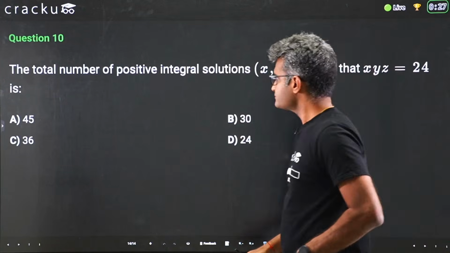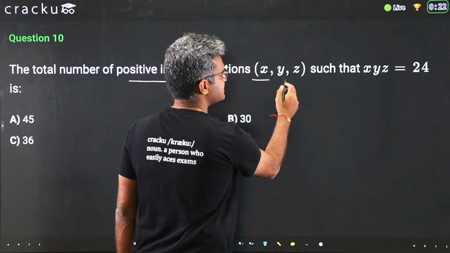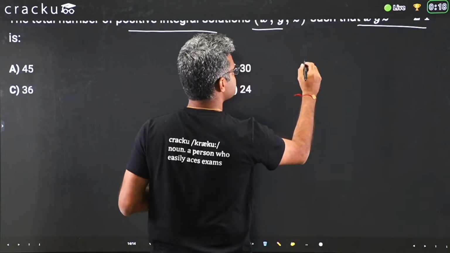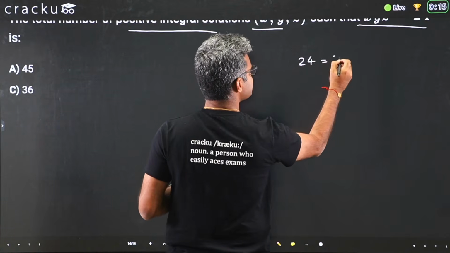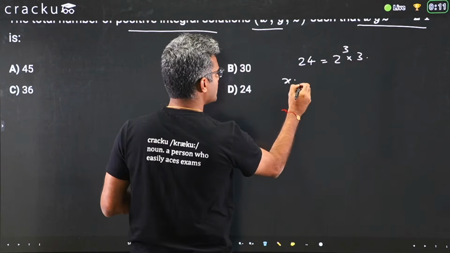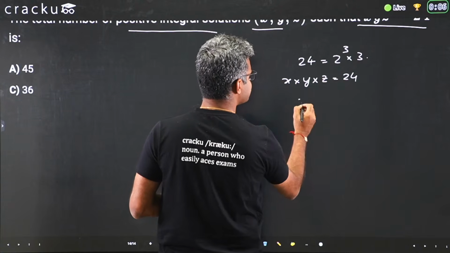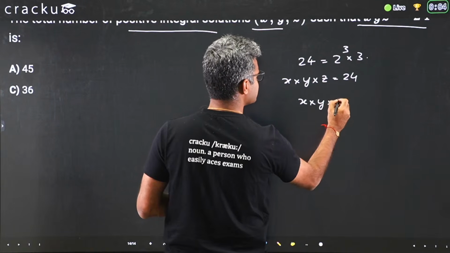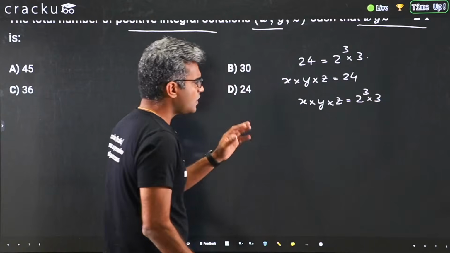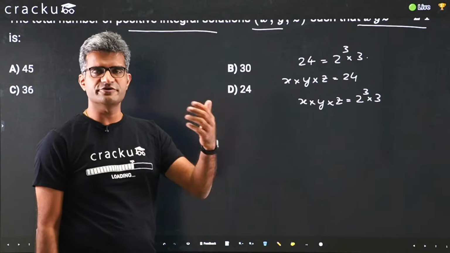The total number of positive integral solutions x, y and z such that x into y into z is 24 is. Let us do the prime factorization of 24. 24 is 2 cube into 3. So if x into y into z is equal to 24, which is 2 cube into 3, all of them, x, y and z, will be of the form 2 to the power something into 3 to the power something.